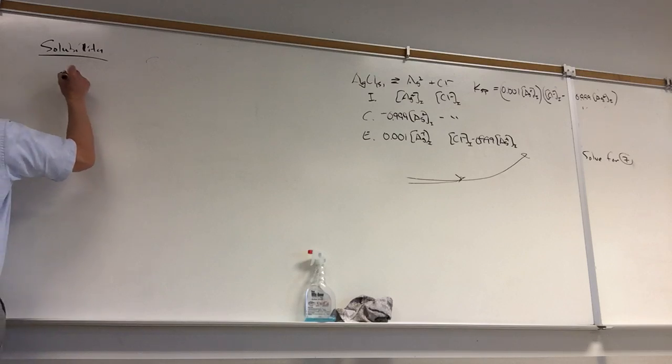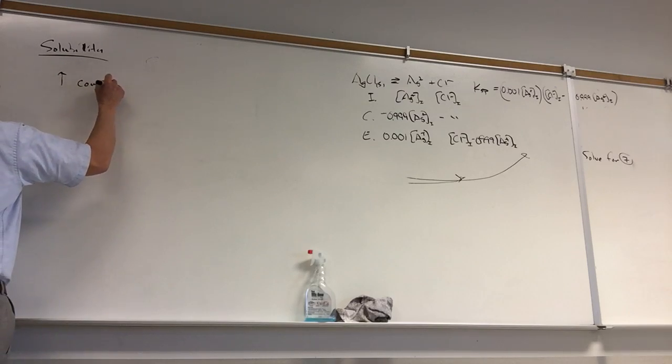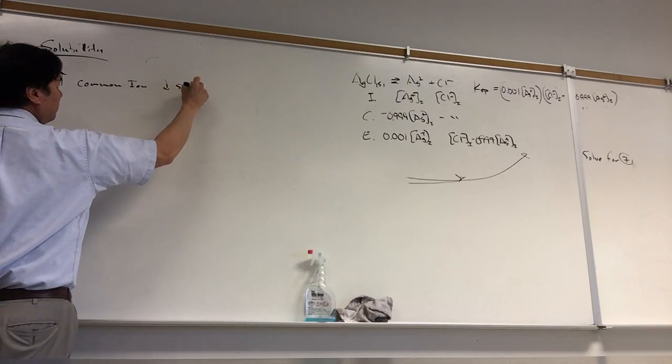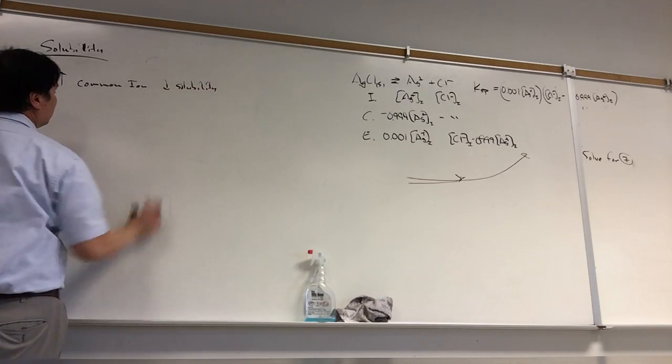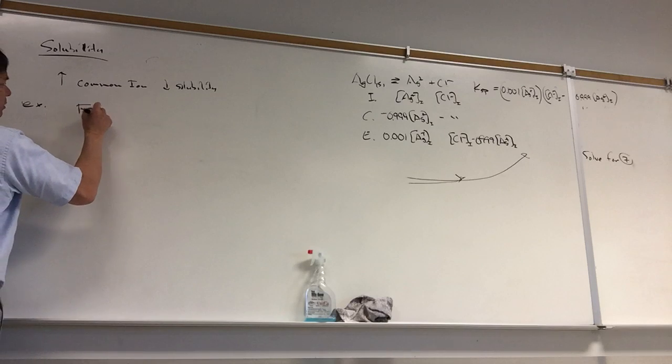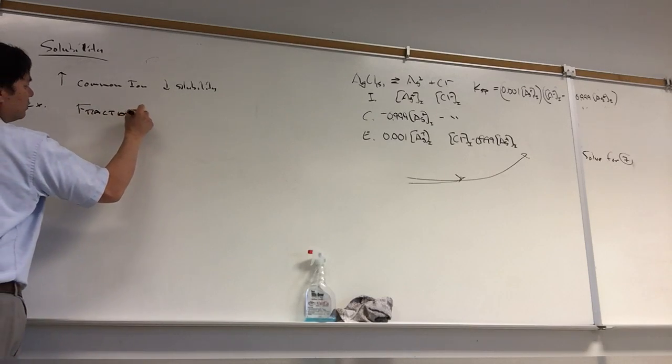So if we increase the common ion, we're going to decrease the solubility. Even though this might not look like it, this gives us a way to control solubility. And so let's look at one application of controlling this solubility, and that's called fractional precipitation.